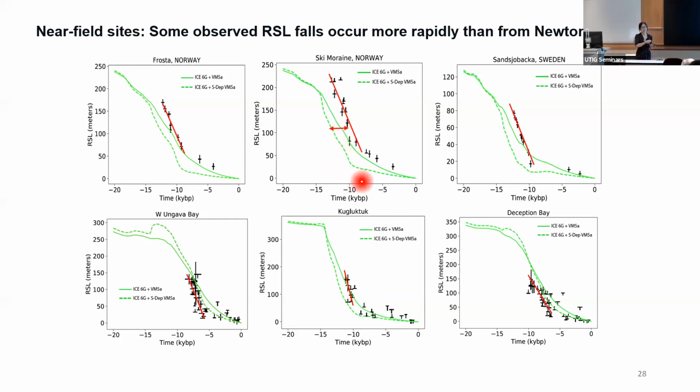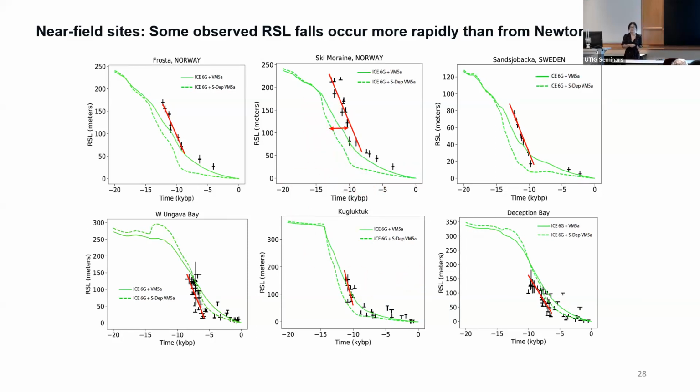Some people argue this larger slope of the relative sea level data is only caused by the local ice melting history, because the ice just melted this way. Another is that the non-Newtonian rheology has time-dependent viscosity, so it can change those shapes and those curves.